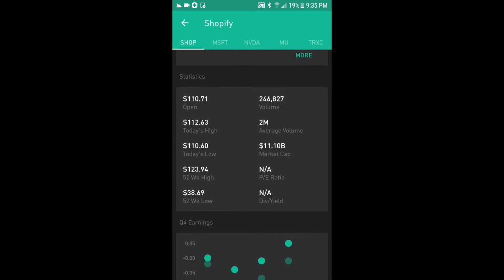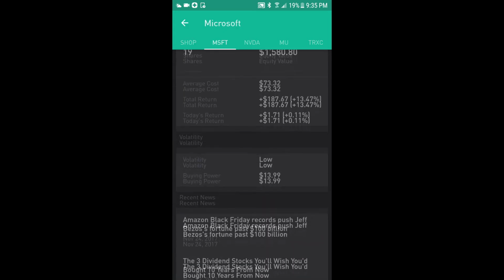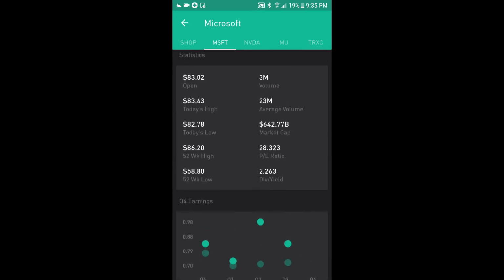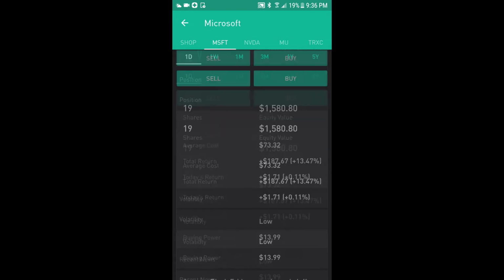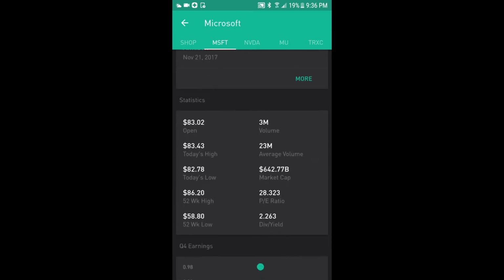The market cap is the total worth of this company, basically all of the shares combined, so the volume times the share price. PE ratio, I don't know why this company doesn't get a PE ratio, but PE ratio is the price of the share up here divided by how much they make, so their earnings.